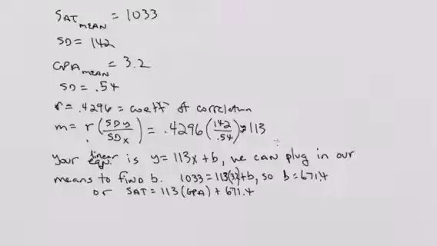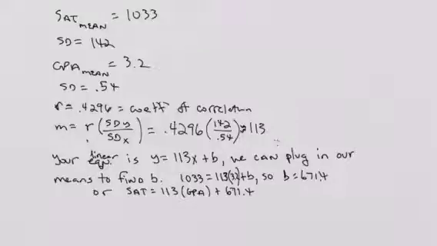Our formula for the slope is m equals r times the standard deviation of y over the standard deviation of x. And r is 0.4296, the coefficient of correlation. They gave us those two standard deviations, which tells us the slope is around 113 for this equation.